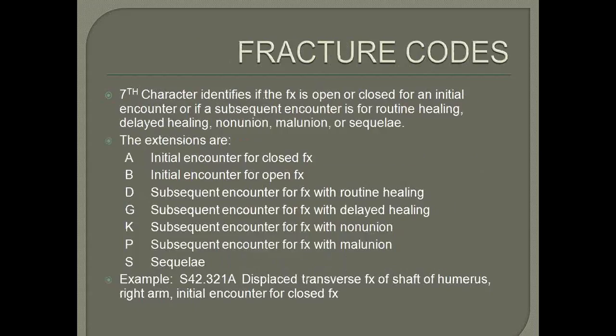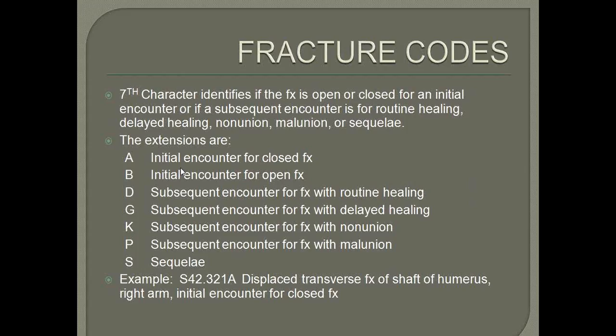The fracture codes have gotten very, very specific. So not only do we have to identify the fracture bilaterality, right side, left side, but you're going to have to document the healing phase. So whether it be a closed or open fracture, number one.